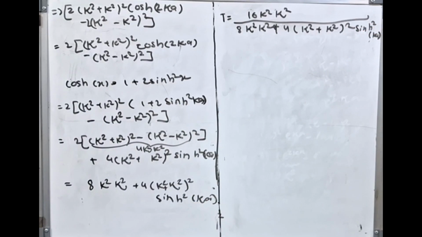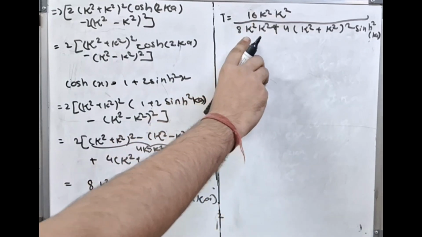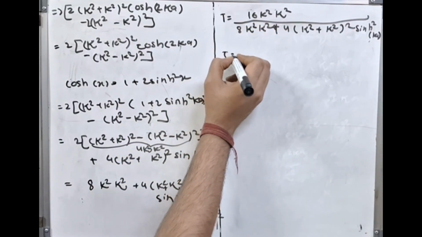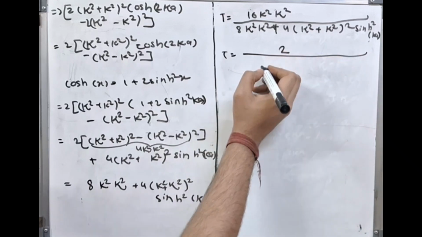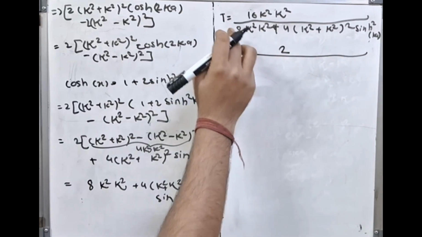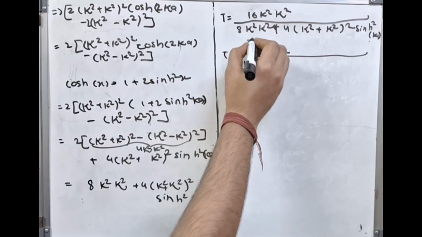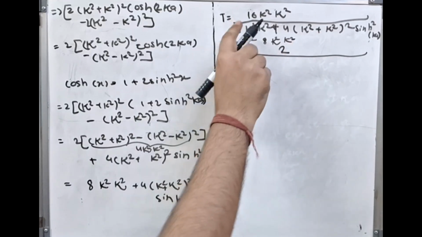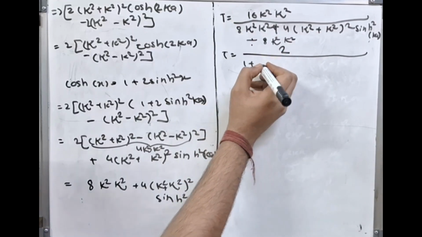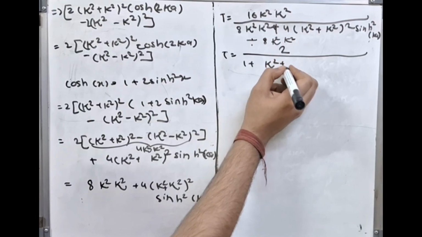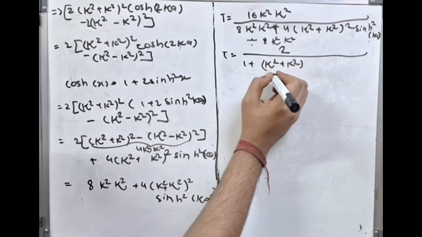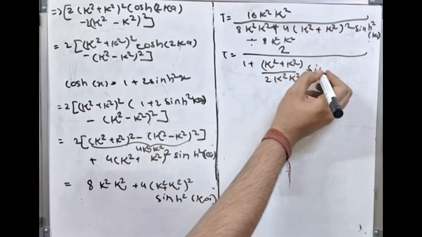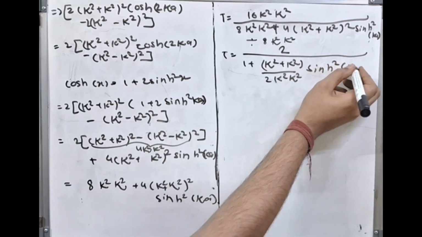We can simplify this more by dividing overall by 8k²κ², and if we do it, it becomes T is equal to 2 over 1 plus, because it is divided by 8κ²k², this becomes 1, and then this becomes (κ² + k²) upon 2k²κ² times sinh² κa.